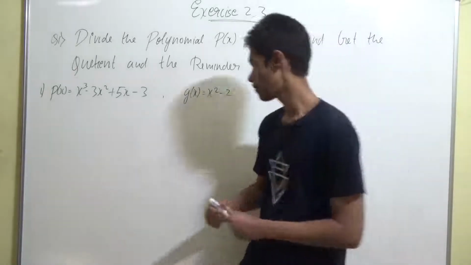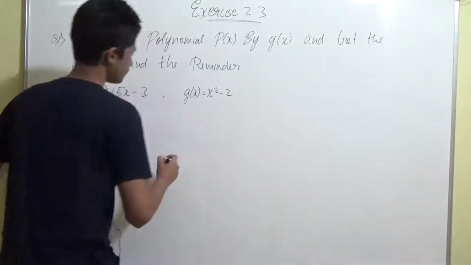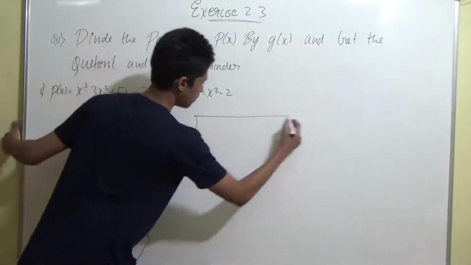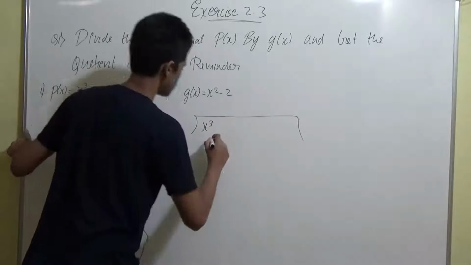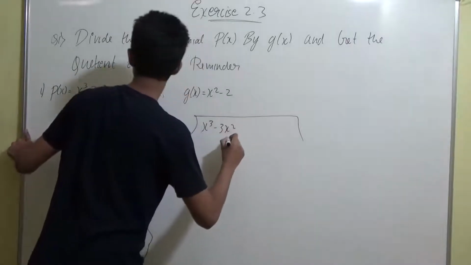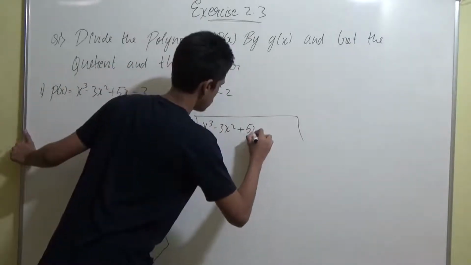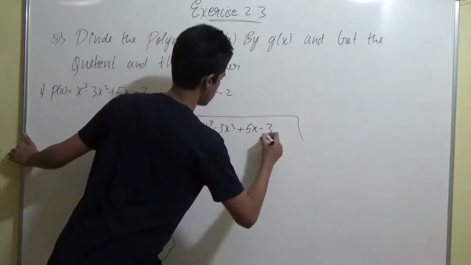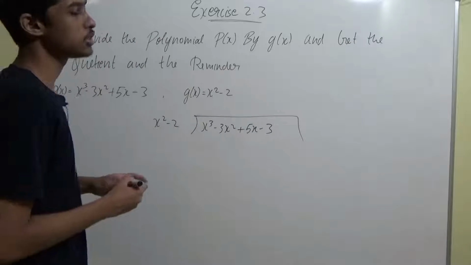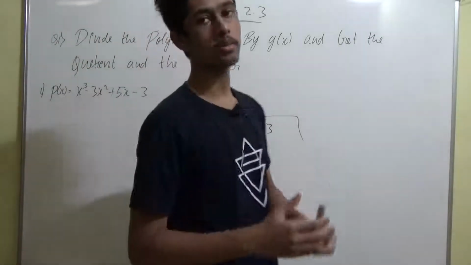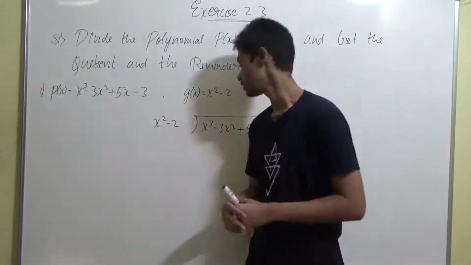Let's go ahead, guys. We'll write p of x inside this. From the concepts we learned in the last class on how to divide the polynomial, we'll divide this polynomial, guys.